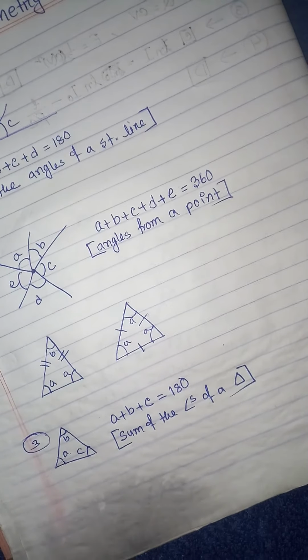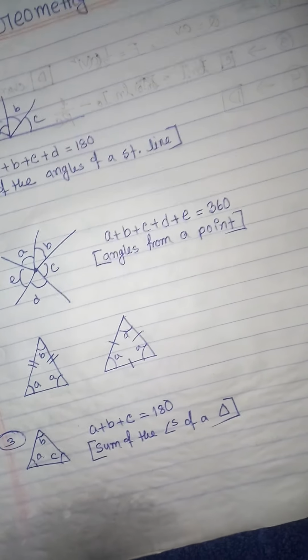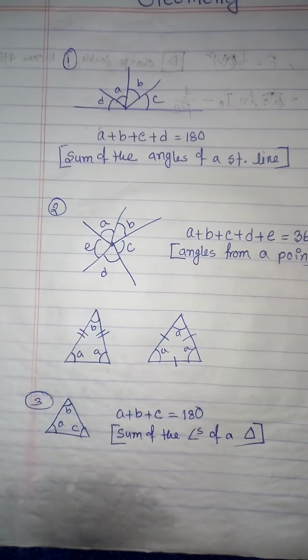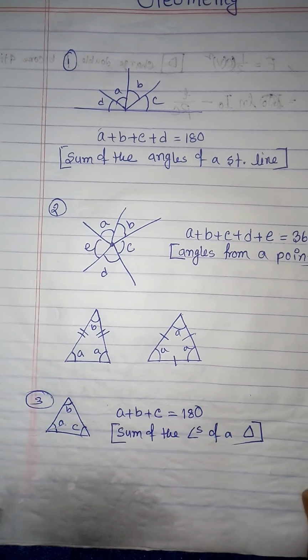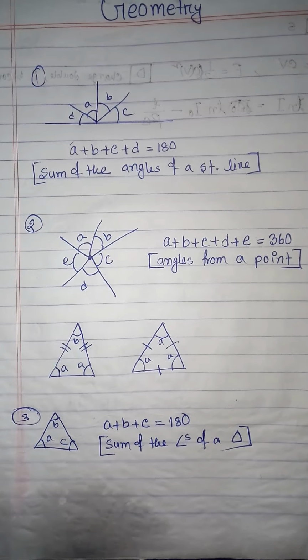You can use the symbol or the words, sum of the angles of a triangle. Are you clear with the formulas? I hope you are clear with the formulas I have introduced here.